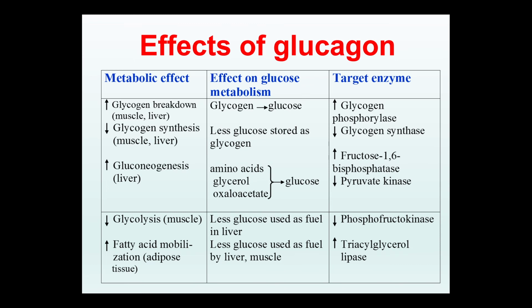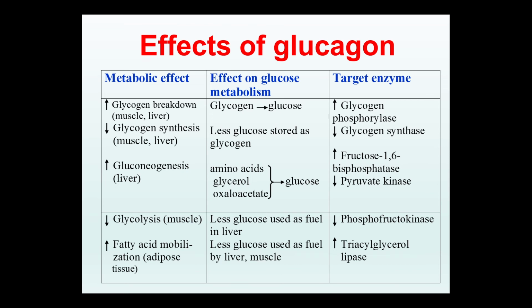Glucagon, like epinephrine, also affects adipose tissue, activating triacylglycerol lipase by causing its cyclic AMP-dependent phosphorylation. This lipase liberates free fatty acids, which are exported to the liver and other tissue as a fuel, thus sparing glucose for the brain.